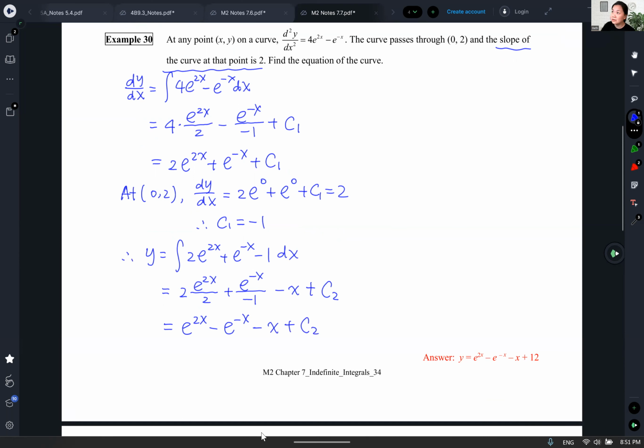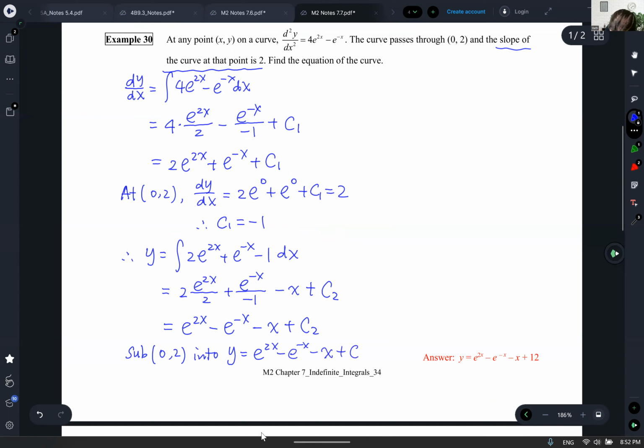I have another point that the curve passes through, (0, 2). So substitute (0, 2) into y equals e^x minus e^(-x) minus x plus c2. We have 2 equals e^0 minus e^0 minus 0 plus c2.